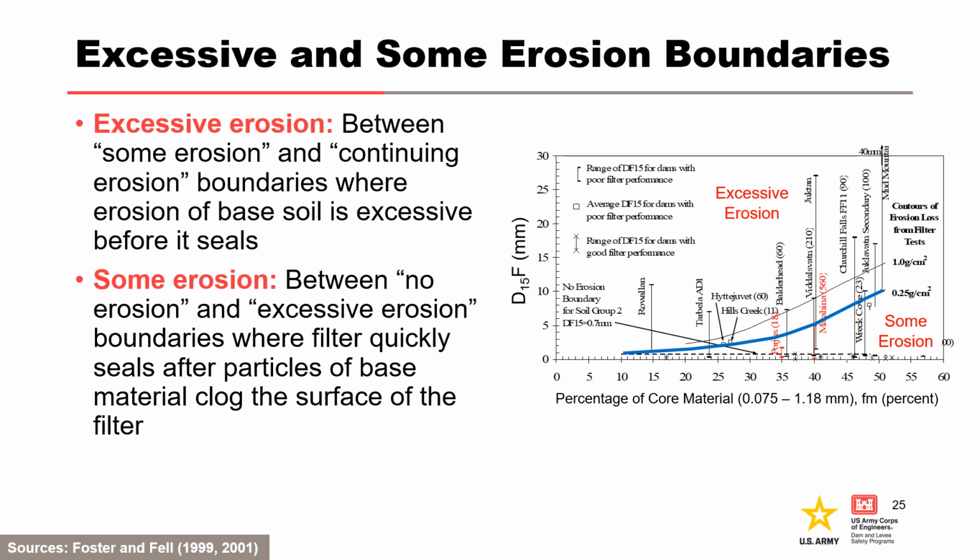Filters will eventually seal, but only after significant erosion of the base soil, and there may be large leakage flows before the filter seals by clogging of the filter by the eroded base soil. The some erosion boundary occurs between the no erosion and excessive erosion boundaries, where the filter quickly seals after particles of the base material clog the surface of the filter.